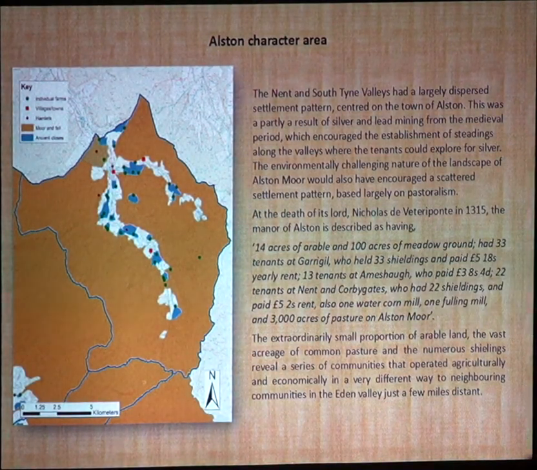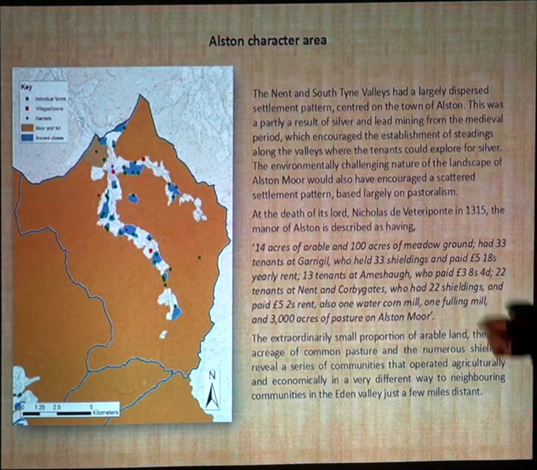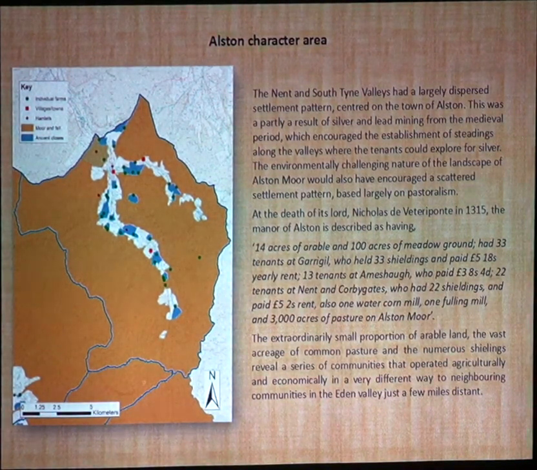The 33 tenants at Garrigill had 33 shearlings, so that is an indication that they were farming sheep on the fells and they had summer dwellings, seasonal dwellings, which will only survive in archaeology. Yes, 22 tenants at Nenton Corbigates also each had their own shearlings. And then the mills at Alston itself. 3,000 acres of pasture. I think that tells you everything really.